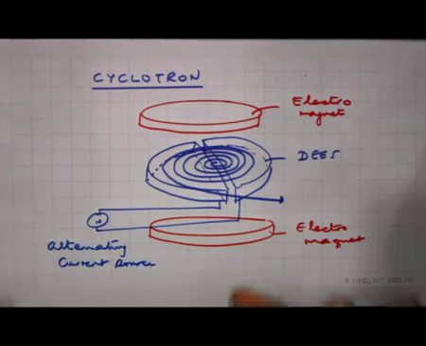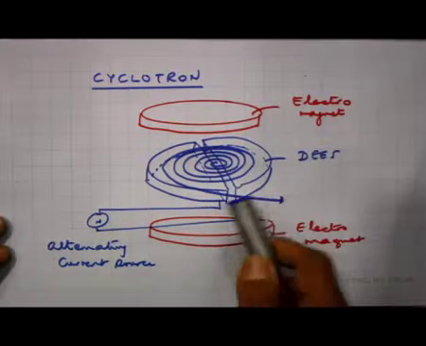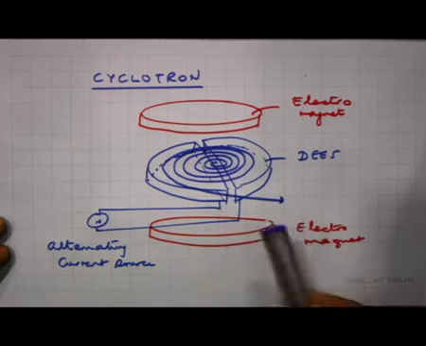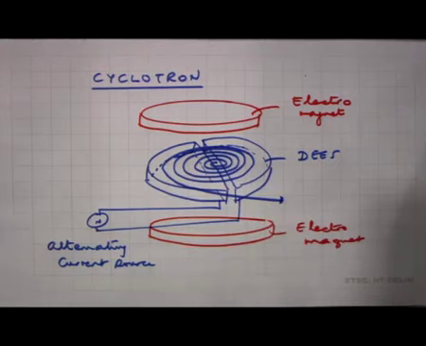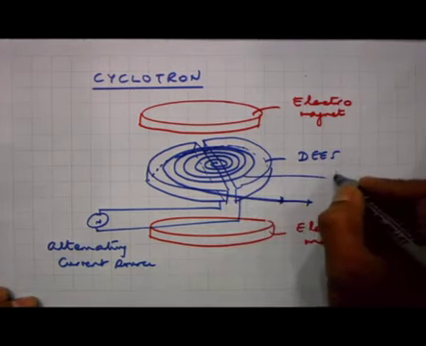So, the electromagnet produces a magnetic field perpendicular to the Ds. The electric field is applied between the two Ds here, and as we will explain, the particle can be accelerated in this path and comes out of this device in this target. And these are the charged particle paths.